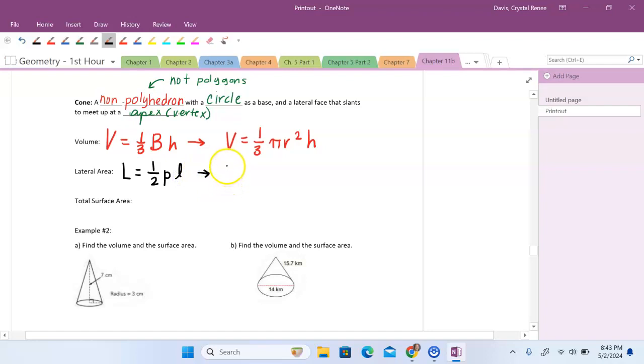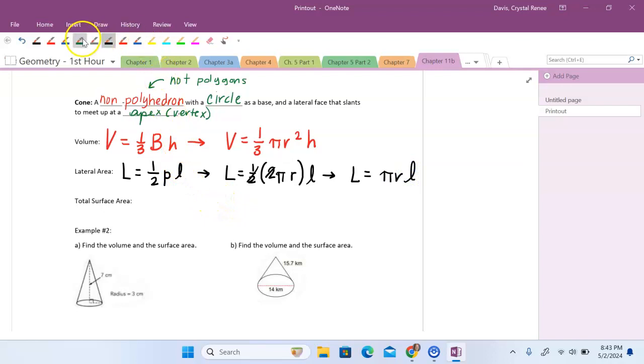Because it's a circle, the perimeter of a circle is just the circumference, so our lateral area is 1/2 times 2 pi r times L. If you want to go one step further, the 1/2 and the 2 cancel each other out, so it's pi r L, which remember L is the slant height.